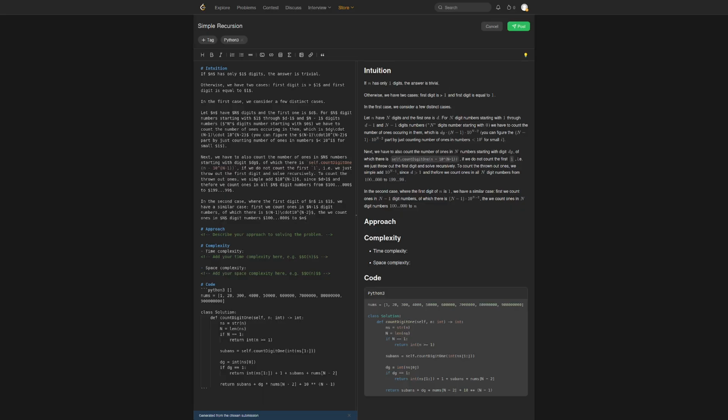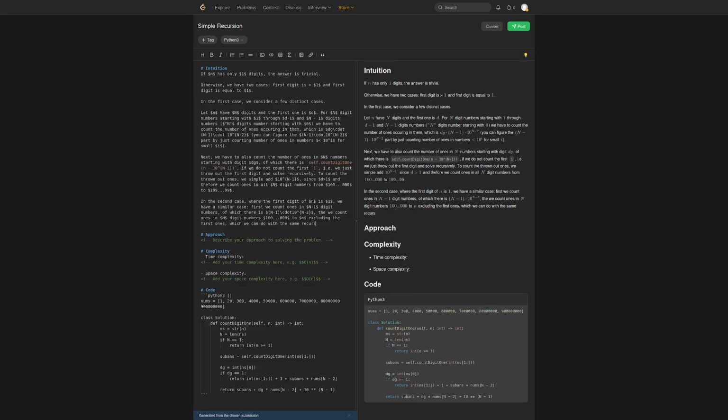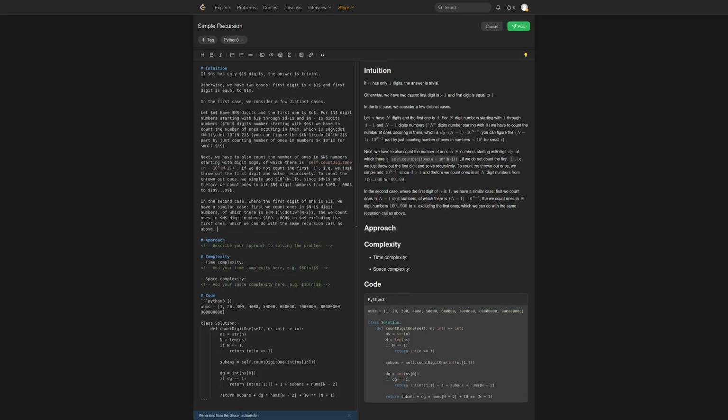n excluding the first one, which we can do with the same recursion call as above.